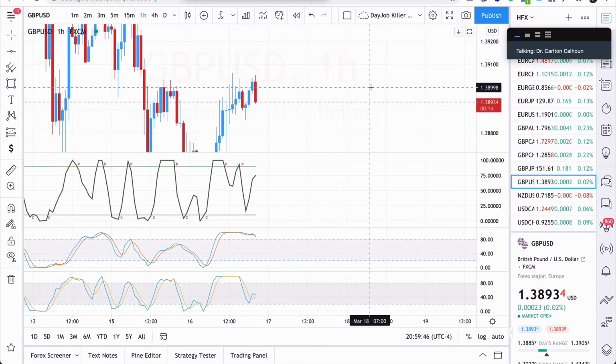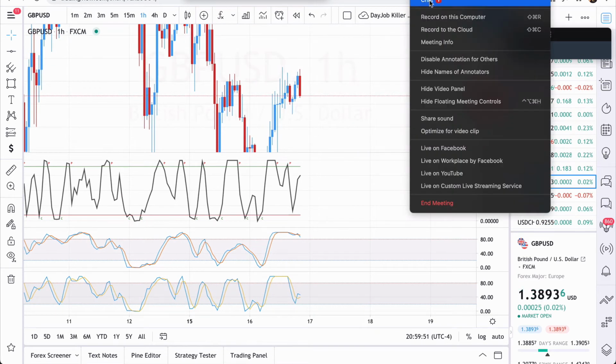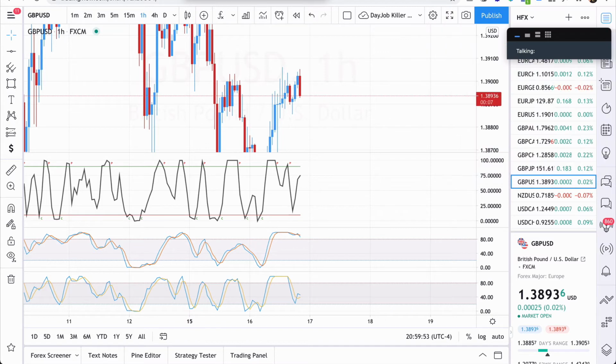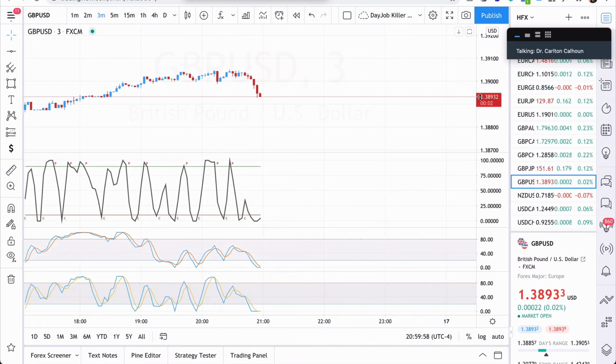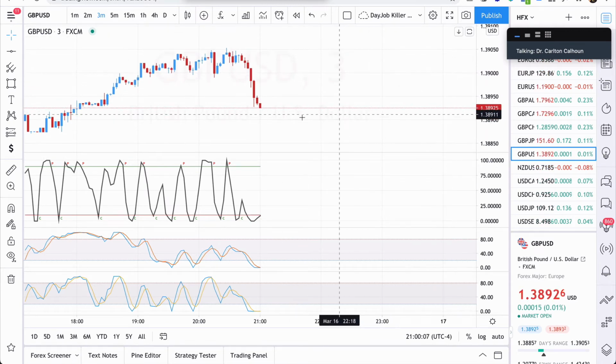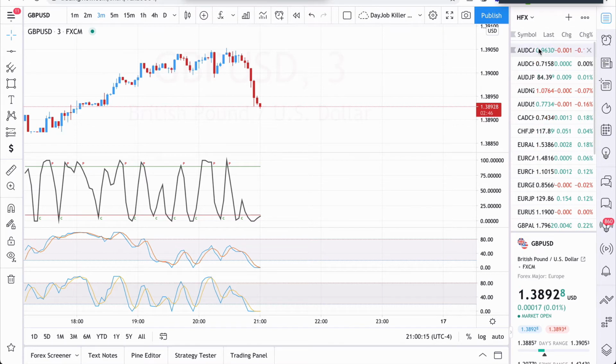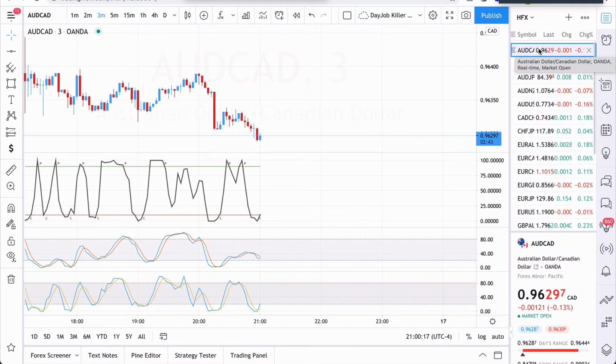So if I can't tell on the 15, I'll go to the hour. A lot of people spiked on that. So when you get spikes, you know what that tells me? To stay away from that pair. You got the C on GBP USD, but I'm not taking it because of the spikes. And look how it's pushing down. So let's look at another one. So that would be 1 and 1. Wow, that's the first lesson we've had in a long time.